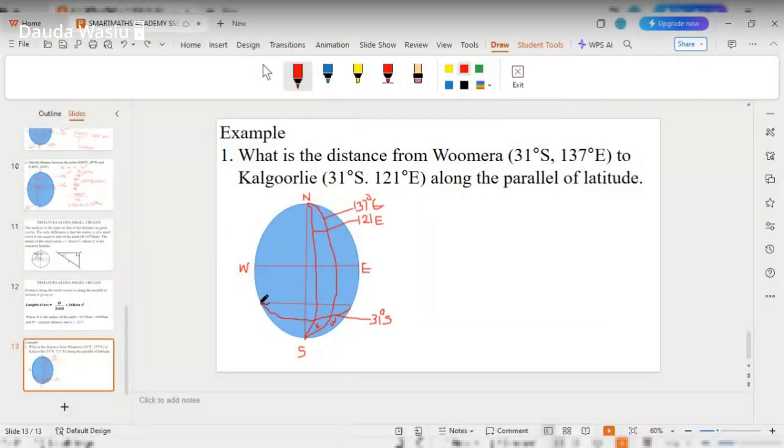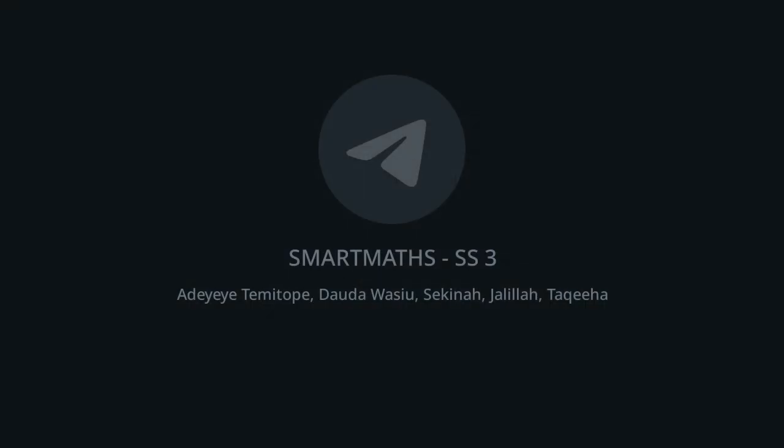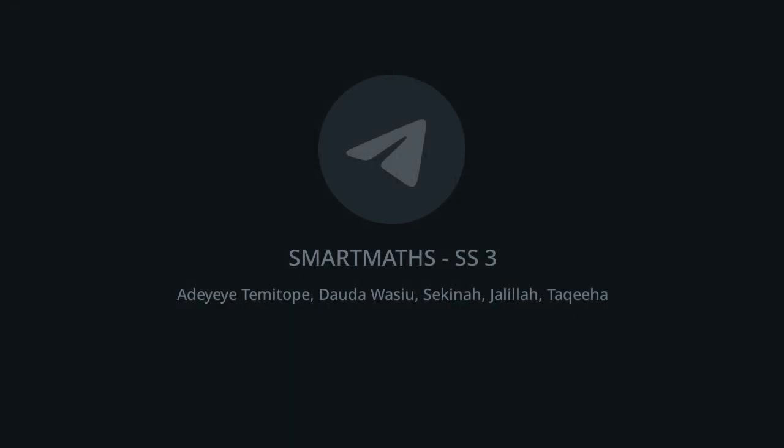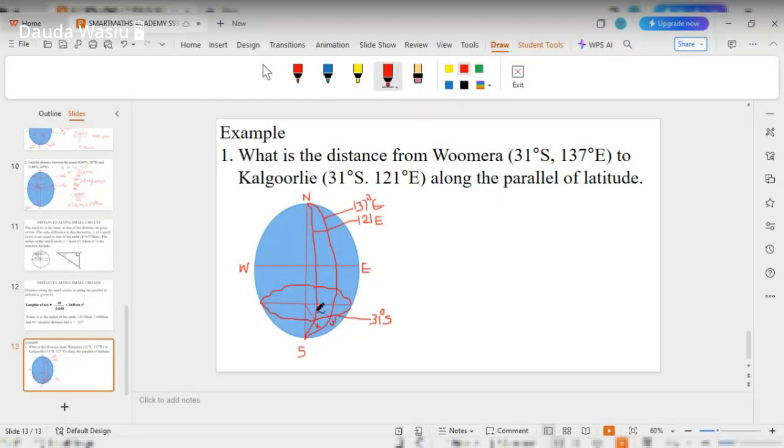We are taking point K to the center of the small circle, which is this point. Then point W to the center of the small circle as well.